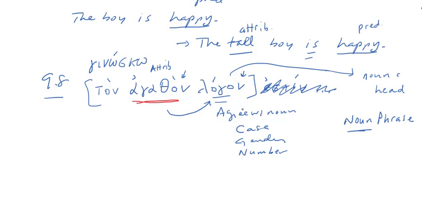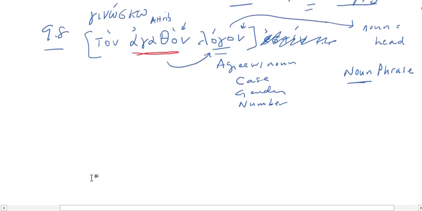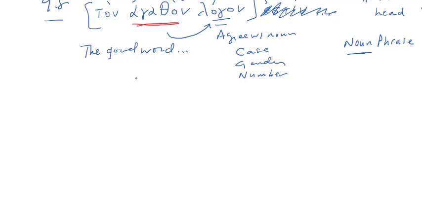So, what about predicate uses of the adjective? Let's use the same set of words so that we don't cloud anything. So the good word, right? You have to have the article. I got confused because he talks about that, and that's really confusing.